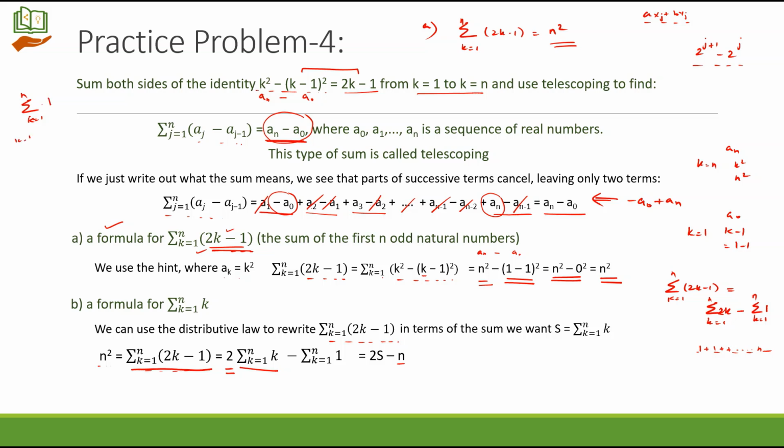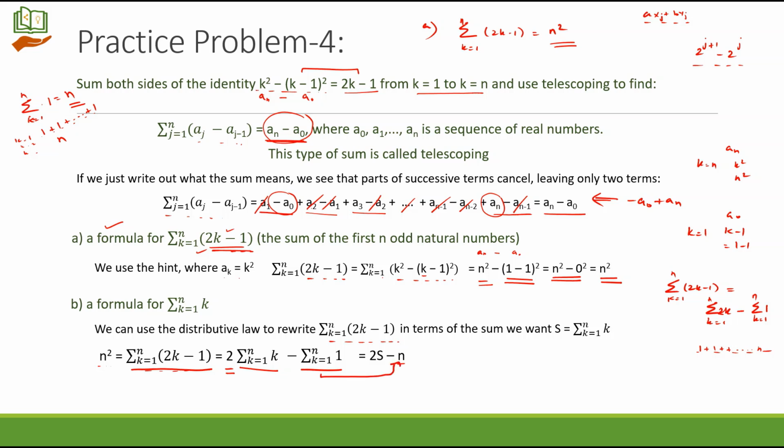When k is equal to 1, you have 1, plus when k is equal to 2, you have 1, plus when k is equal to n, you will have 1. How many number of 1s are here? N number of 1s are here. So the summation of k is equal to 1 to n with 1 will be equal to n. That's why we are equating this part to n here.